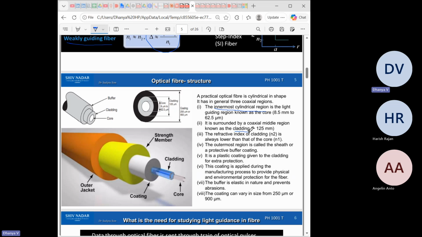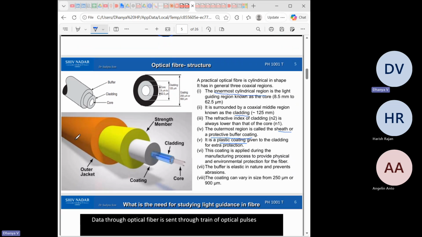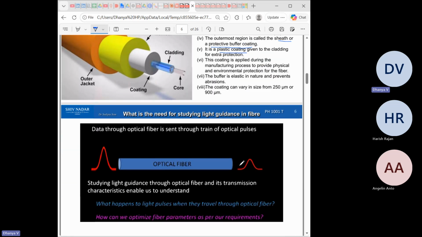Then there is a coating for your cladding, and the outermost region is called the sheath or the protective buffer coating. Then you have your final plastic coating, and all of these are sizes I mentioned.